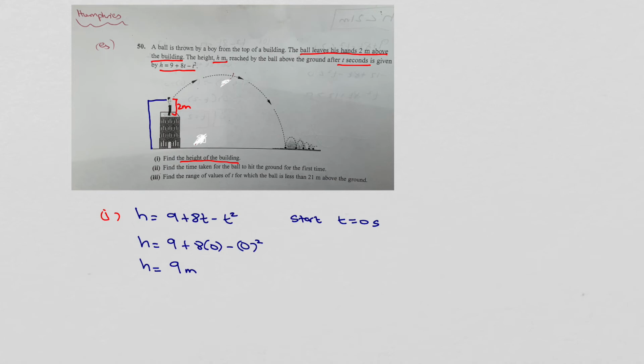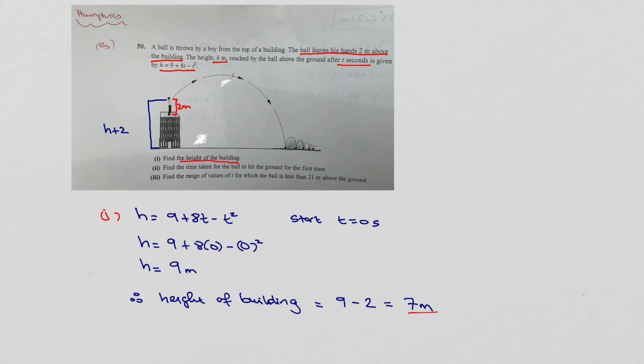The ball is in the boy's hand, so therefore that must be 2 meters plus the height of the building. So therefore, the height of the building, as opposed to the height of the ball above the ground, must be equal to 9 minus 2 meters, which is equal to 7 meters. So just be careful there.